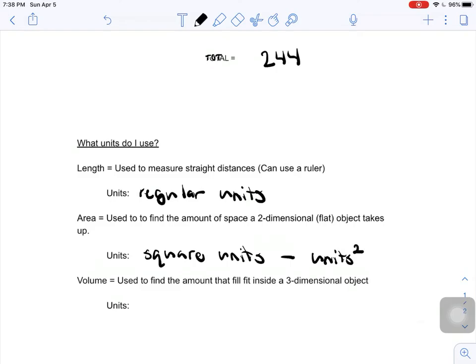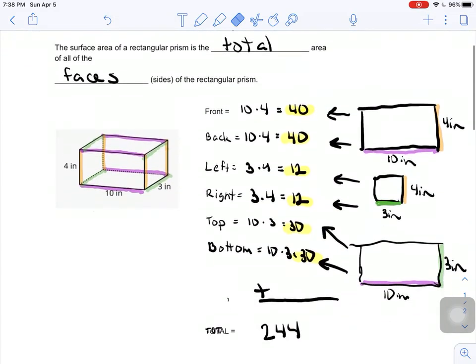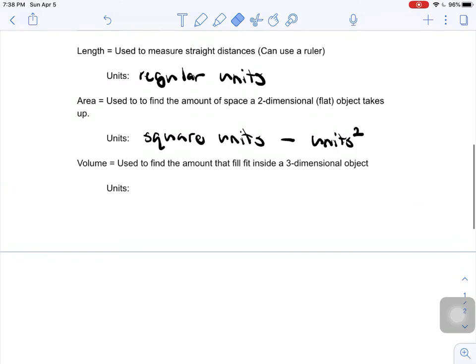So you could say square feet, or you could say feet with a square symbol. That also means square feet. Surface area is a type of area measurement, because with surface area we're measuring the flat sides of each box. So area also includes surface area.